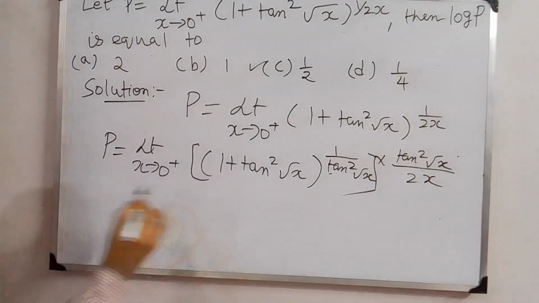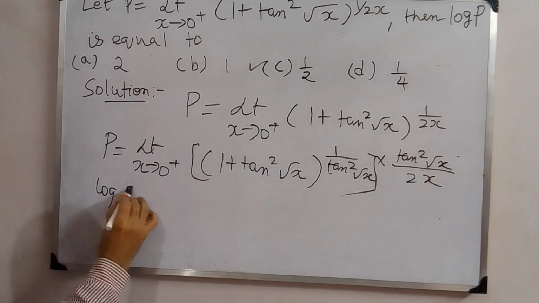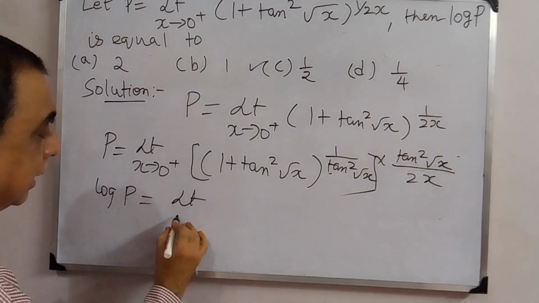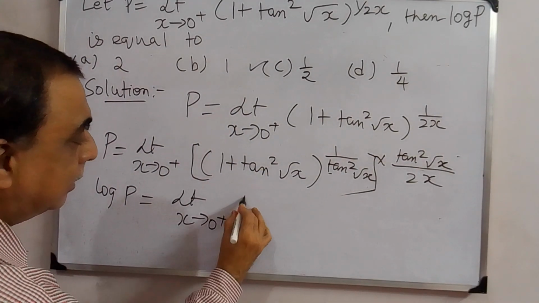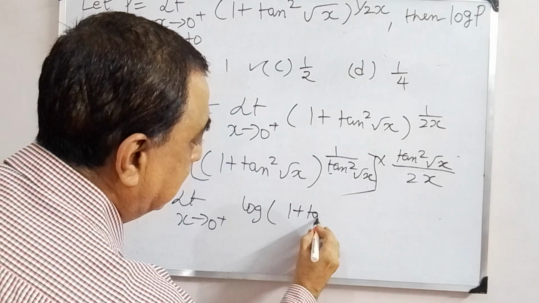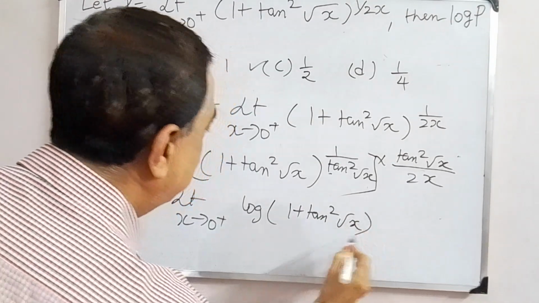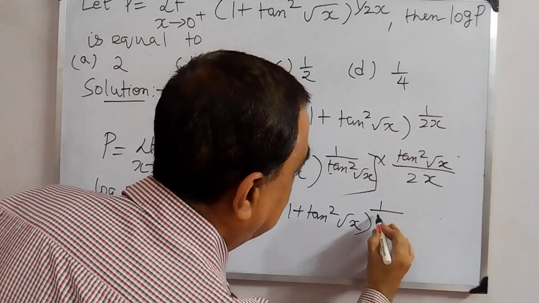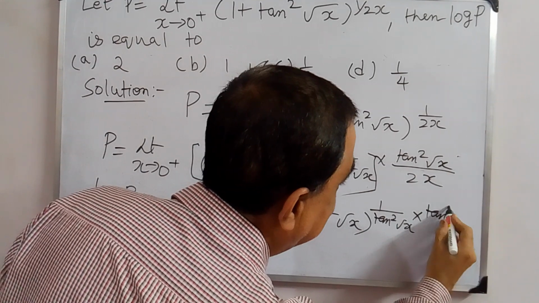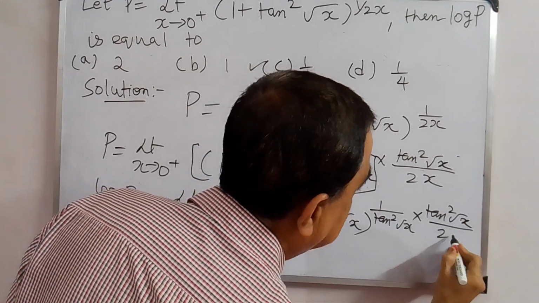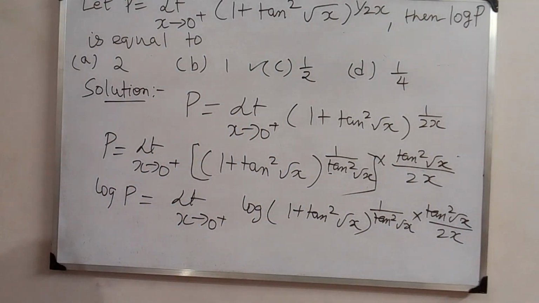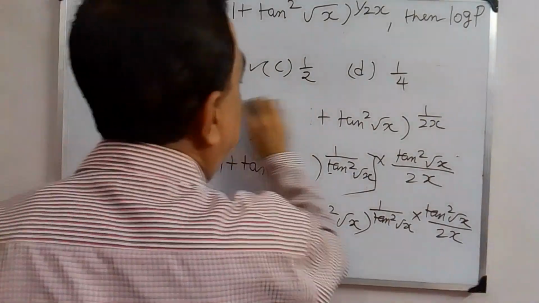Now see what we will have: log p becomes limit x tends to 0 plus of log of (1 plus 10 squared root x) whole to the power 1 by 10 squared root x into 10 squared root x divided by 2x. The power comes before the log; this is the property of the logarithm.